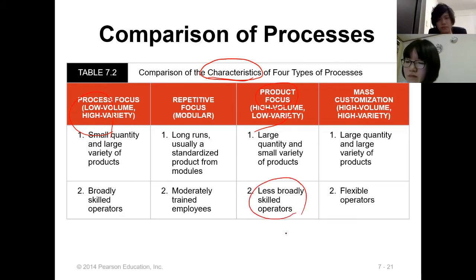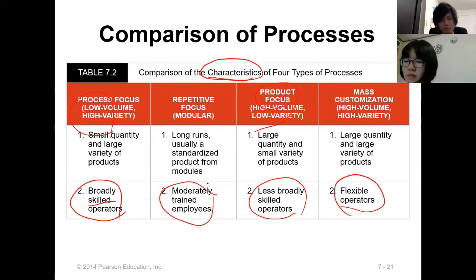Obviously, it needs less broadly skilled operators compared to process focus. Process focus is in general very high skilled operators. But mass customization, you must have flexible operators. In repetitive, moderately trained employees, not highly skilled. For example, making t-shirts just now.